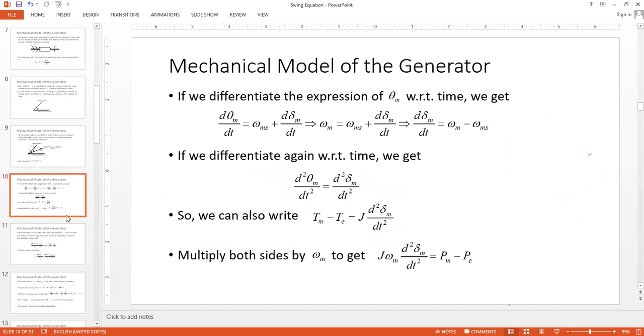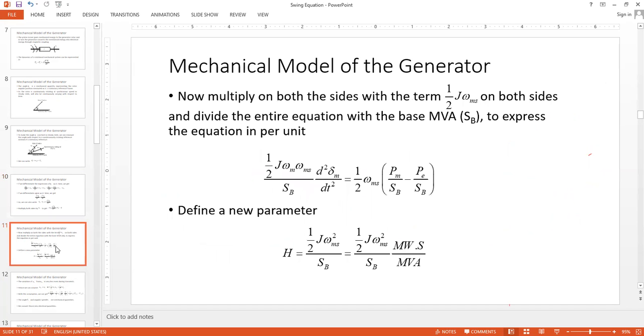Just a minute, there was a J omega ms, so there is a slight mistake, I have to correct it. This should not be there. We are actually not multiplying by half J omega ms, we are simply multiplying by half omega ms. So this is the additional term over here. We are multiplying half omega ms on both sides and dividing by SB. There will be a correction, I will correct it.